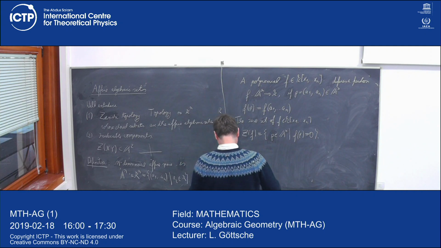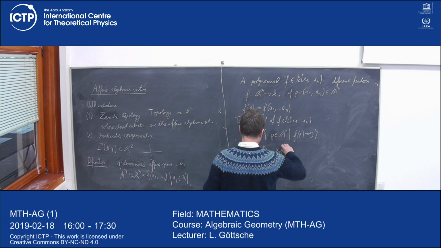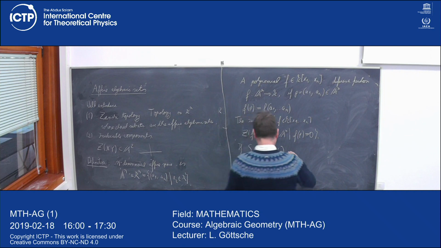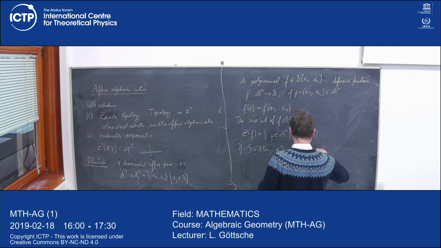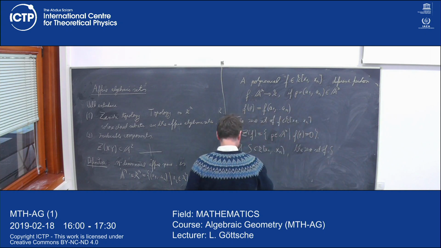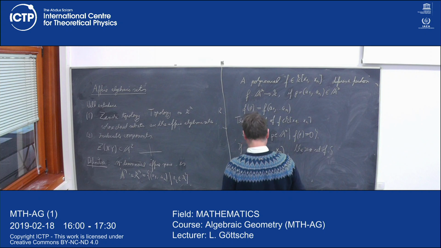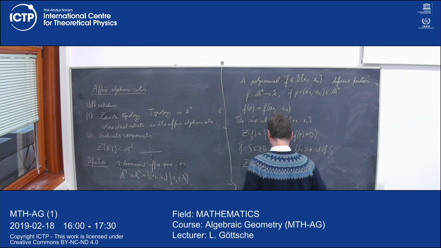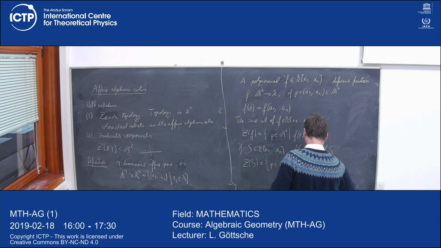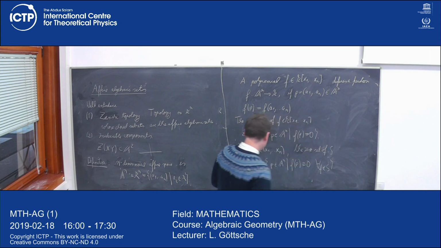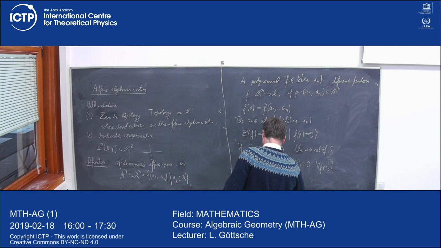Therefore, if S is a set of polynomials, we can define its zero set as Z(S), equal to the set of all points in A^n such that f of p is equal to 0 for all polynomials f in S. Or if you wish, you could also write this as the intersection over all f in S of the zero sets.